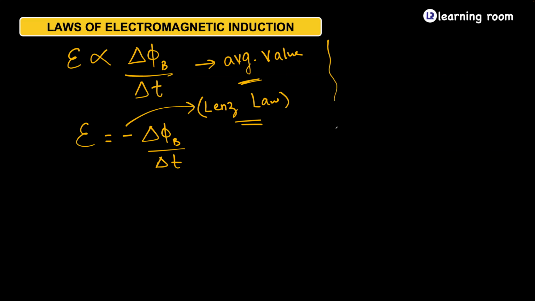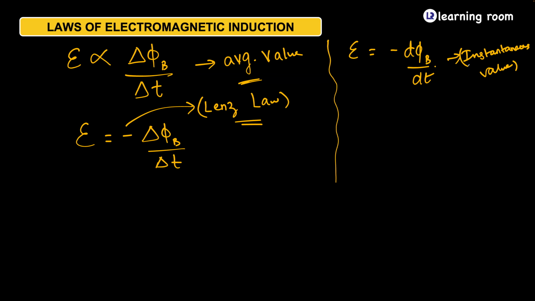Suppose there is a situation where you don't have enough time to measure how much the flux is changing, then you will be calculating the instantaneous value. So EMF can also be minus d phi B divided by dt, which gives the instantaneous value.